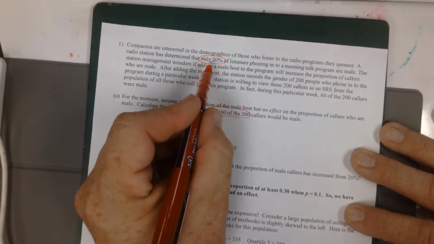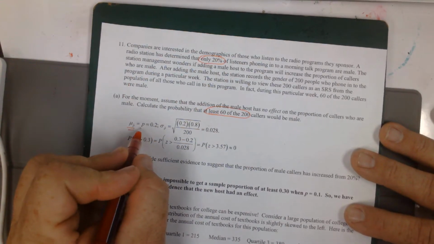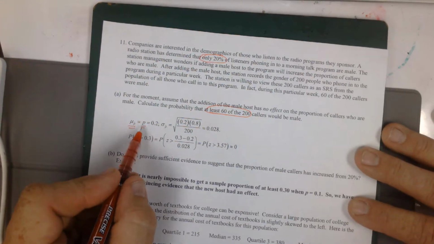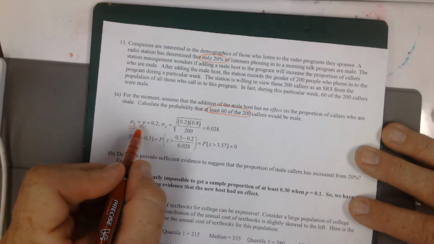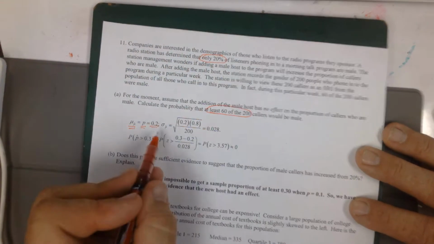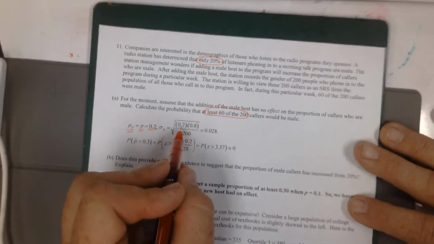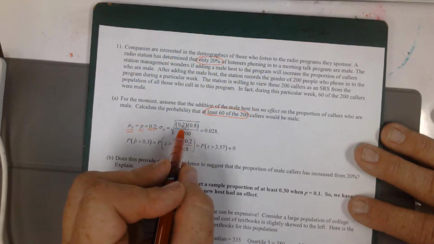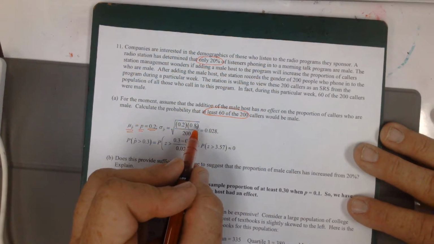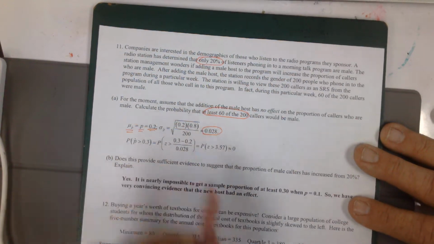So we have that piece of information, which is my mu of p hat, which tells me I have a p. My original one is 0.2, so that doesn't change. I do know from my formula that I've got to use this piece of information to calculate my standard deviation. So I got 0.2 times 0.8 over the square root of 200, and that gives me my new standard deviation.